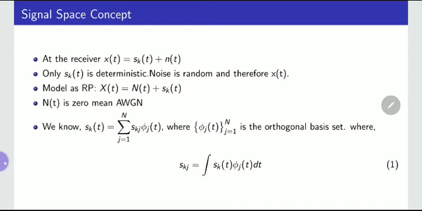So I can write s_k(t) equal to sigma j equal to 1 to N s_kj times phi_j(t), where this coefficient s_kj is the projection of our original signal s_k(t) on each of the basis functions phi_j(t). So I can write s_kj equal to the integral of s_k(t) times phi_j(t). This is the same equation as before.